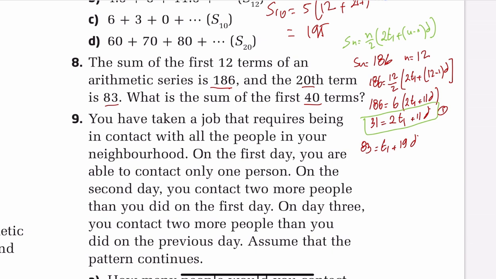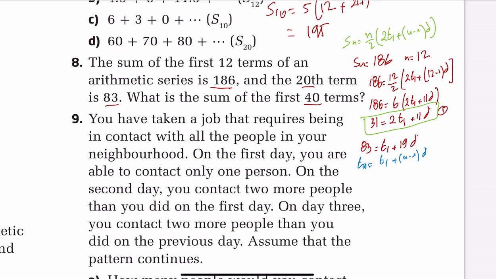I am using the equation Tn is equal to T1 plus n minus 1 times d. This is the equation I'm using.